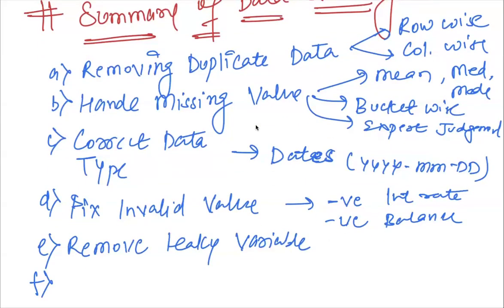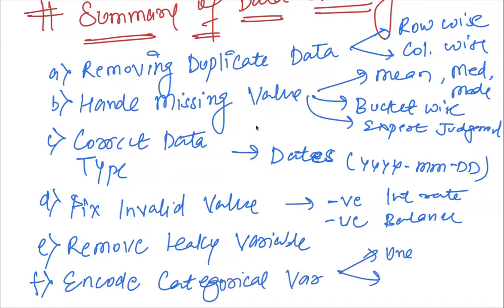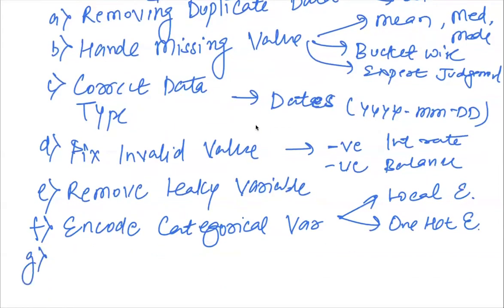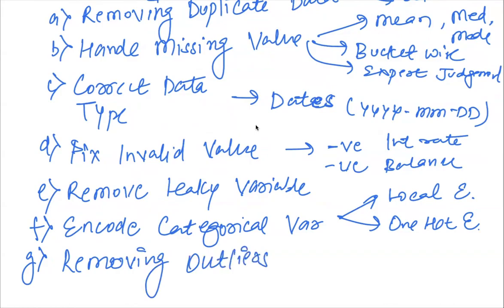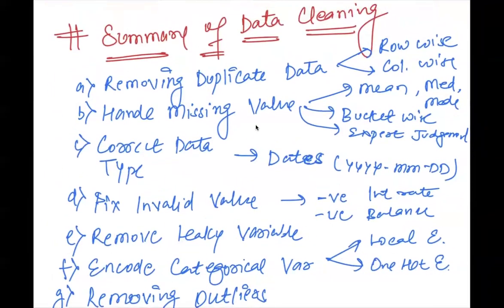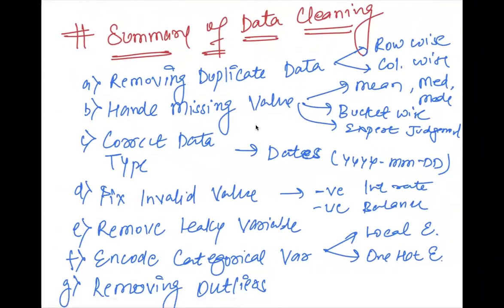Sixth is encode categorical variables using two ways, label encoding and one hot encoding. And the last step is removing outliers. Okay, is this clear? Please tell.